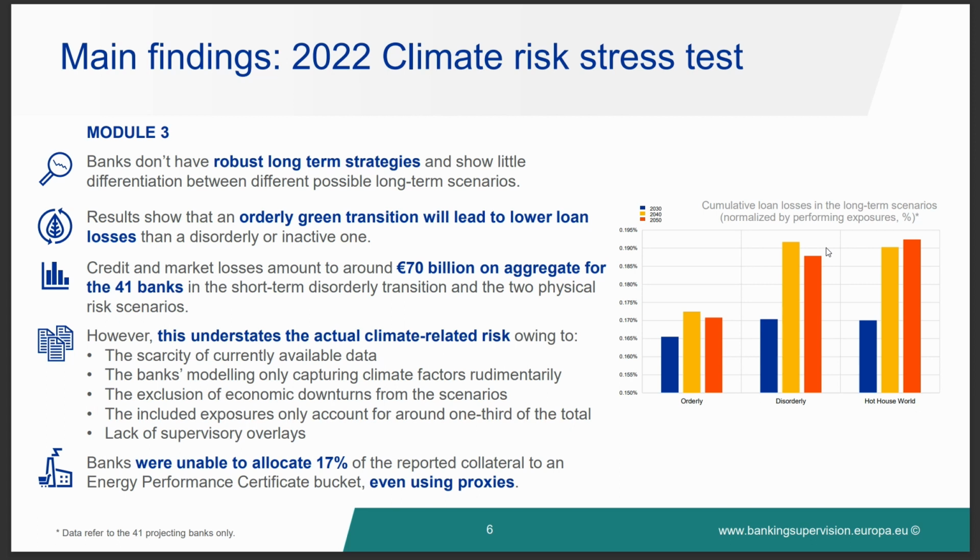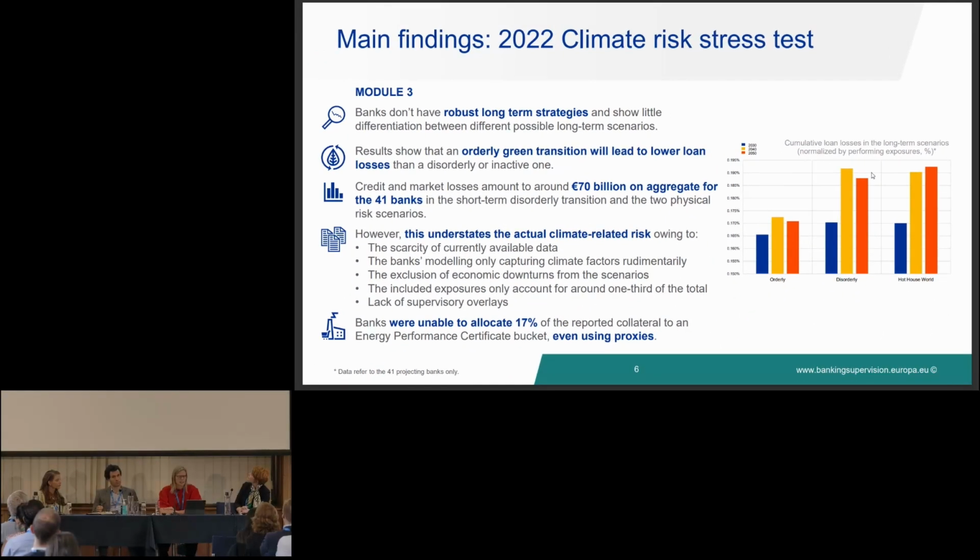Also here, like the economy-wide climate stress test that I mentioned before, the results also show that an orderly green transition will lead to lower loan losses than a disorderly, inactive one. And if we're talking about numbers, the credit and market losses amount to around 70 billion on aggregate for the 41 banks that were included in the short-term disorderly transition and the 2 physical risk scenarios.